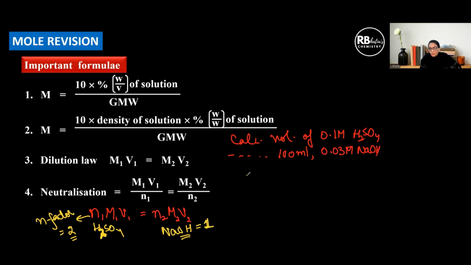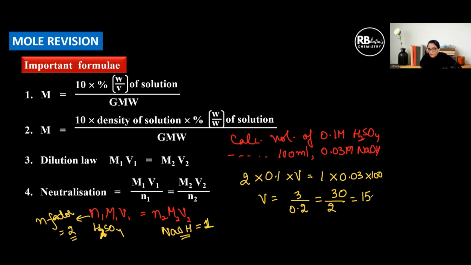So what am I going to do for sulfuric acid? It's 2. The molarity is 0.1. Volume is what I need to calculate. This is 1. N factor of sodium hydroxide is 1. Its molarity is 0.03 and its volume is 100. So I'm going to calculate V as 3 upon 0.2. I'm going to again get 30 upon 2.